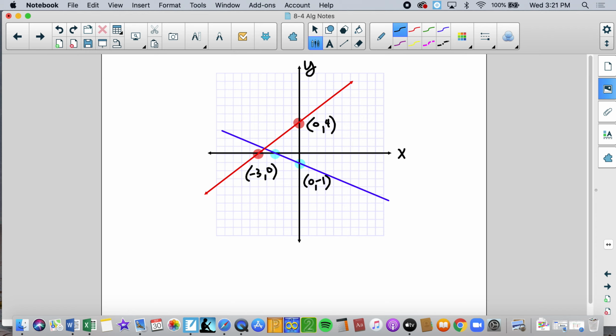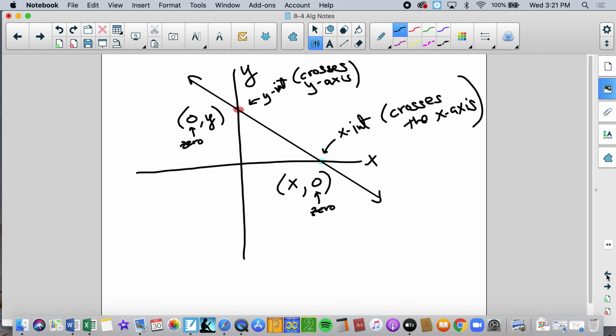Mr. Mack, I knew I made the mistake there. And the x-intercept for the red line is going to be (-5, 0). So for the x-intercept, y is always going to be 0. So that's something we should always be aware of.